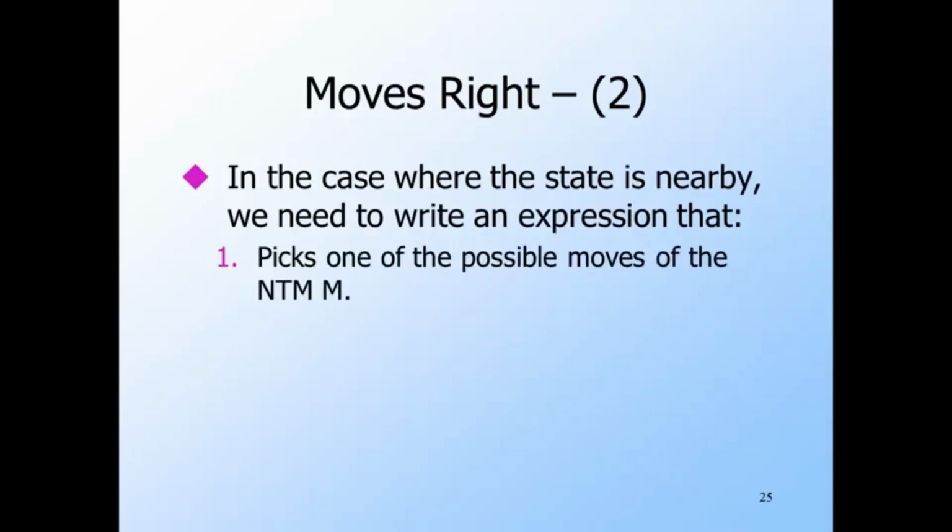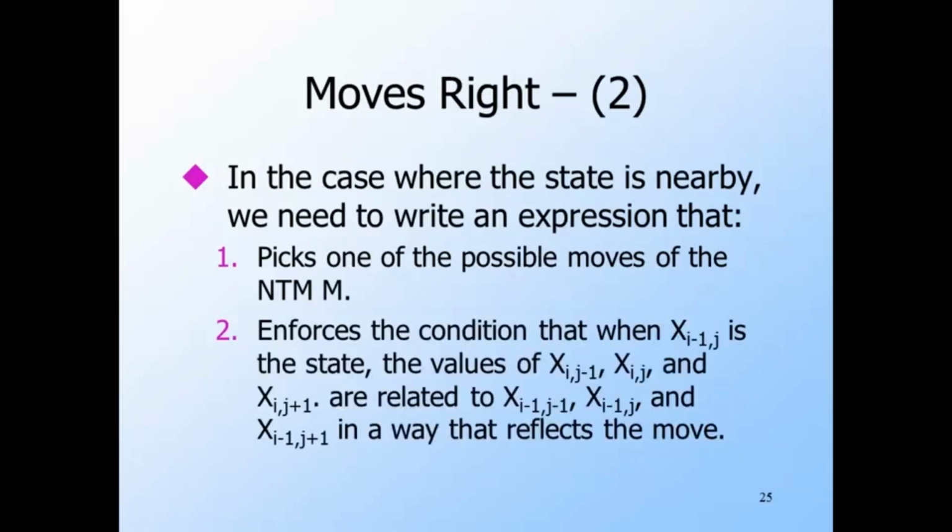It has to pick one of the possible moves of M, that is, a state q, a tape symbol A, and a direction, that is, the choice of one of the triples in delta of q and A. And then, for that move, it must enforce the condition that when the jth position of the ID i-1 holds the state q, and the (j+1)st position of the (i-1)st ID holds a symbol A, then in the ith ID, the positions j-1 through j+1 reflect that move.